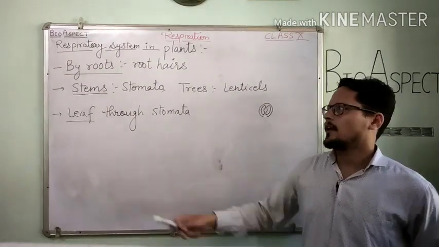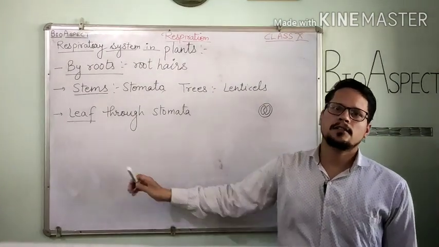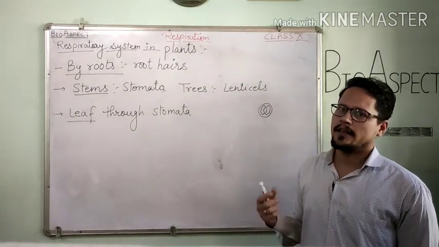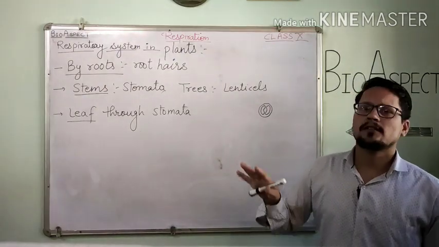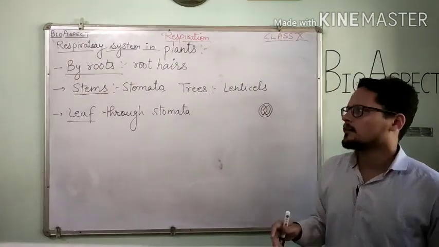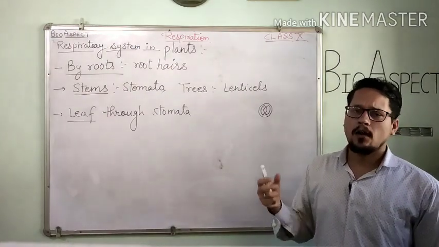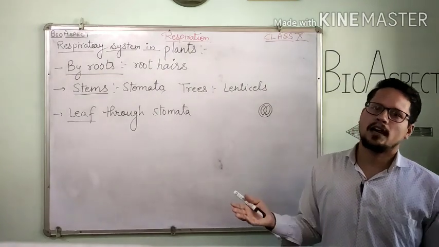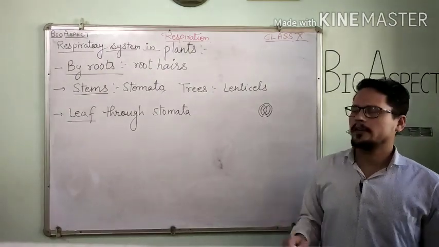And the last part is the leaf, through which respiration and photosynthesis take place. During the process of respiration, plants behave like other organisms. They take in oxygen and give out carbon dioxide through stomata.